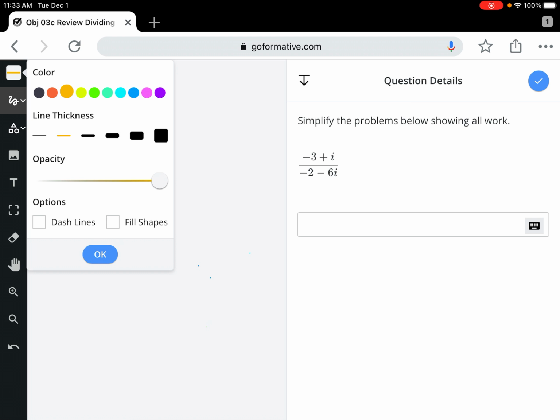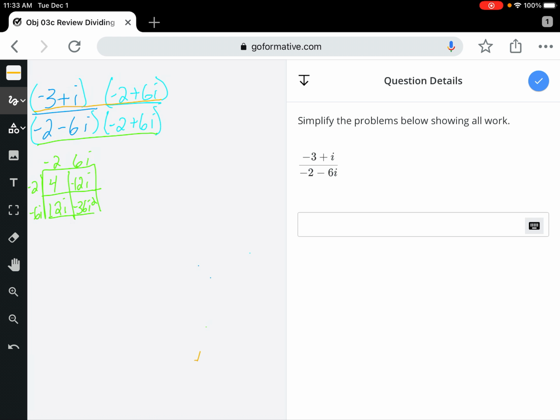And we have a second box right here for the numerator, which is negative 3 plus i, negative 2 plus 6i. This is 6, negative 18i, negative 2i, 6i squared.